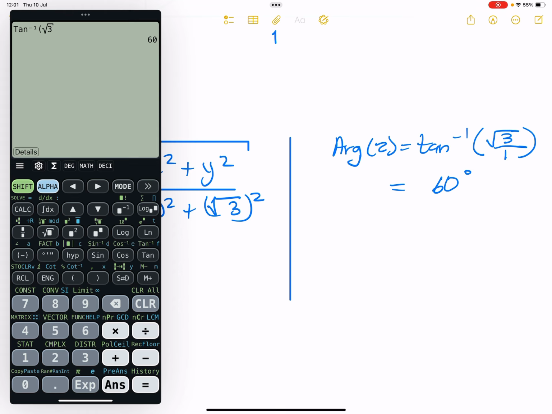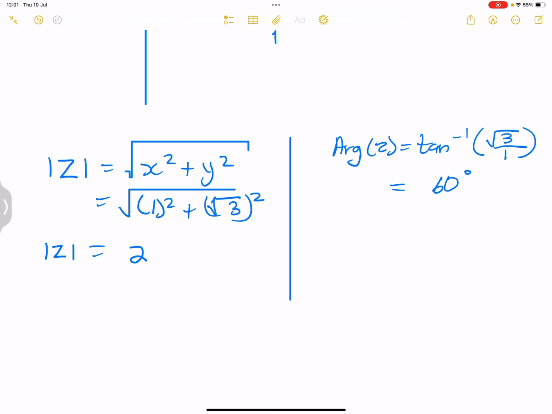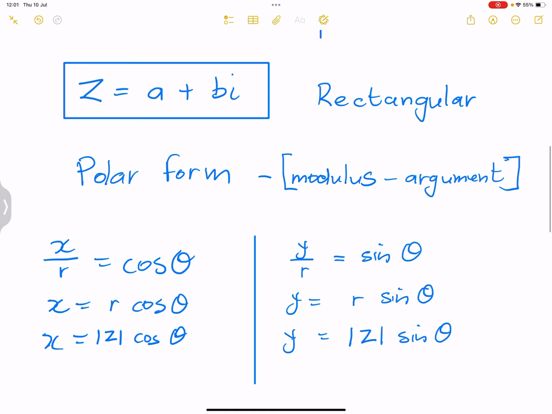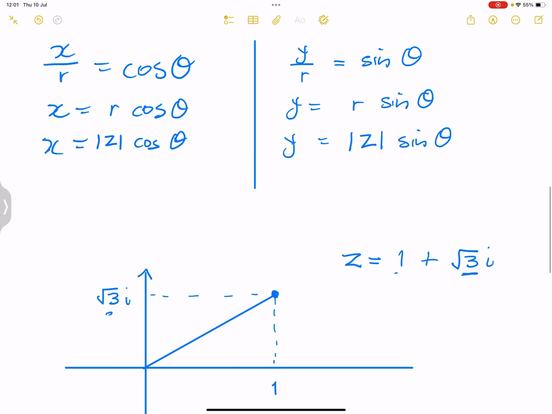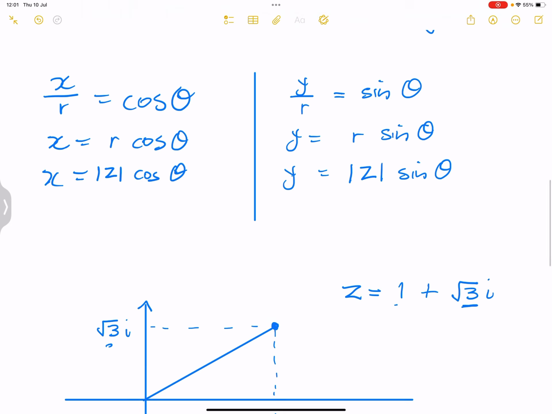So now, to write it in polar form, and please note this very carefully, ladies and gents, I've got the argument, but I also have the modulus. If I want to write it in polar form, this is what it would look like.